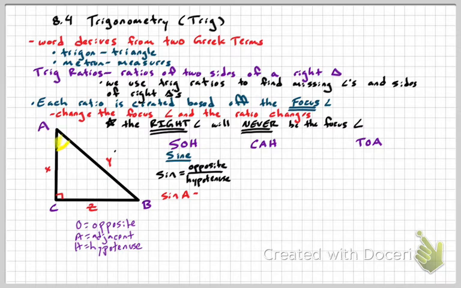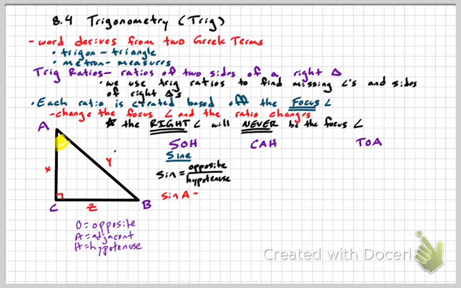So if I'm focusing on angle A, Y is always going to be the hypotenuse, no matter if I'm focusing on A or B. However, if my focus is A, the side opposite that is Z. The side adjacent, the side touching angle A, is X. So if my focus angle is A and I want to write the ratio of the sine function, this A is right now holding the place of the actual angle measure.